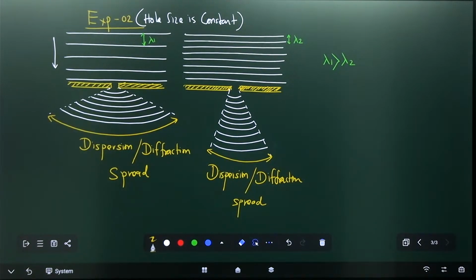So what about the velocities here? Someone is asking about the velocities.